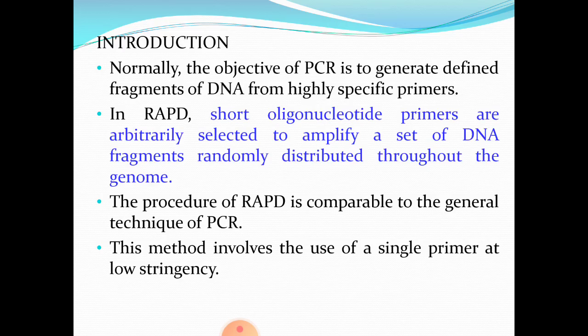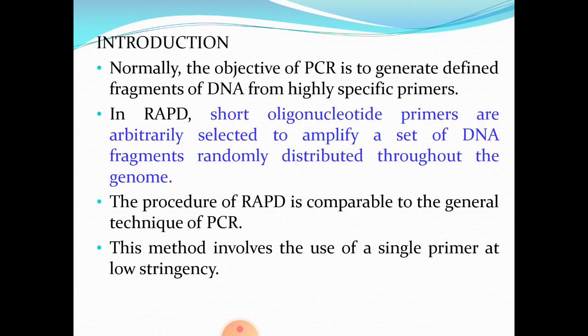Now, normally in PCR, as I have taught you in my previous lectures, the main objective is to generate defined fragments of DNA from highly specific primers. That's what we did in PCR. But what are we going to do in RAPD?